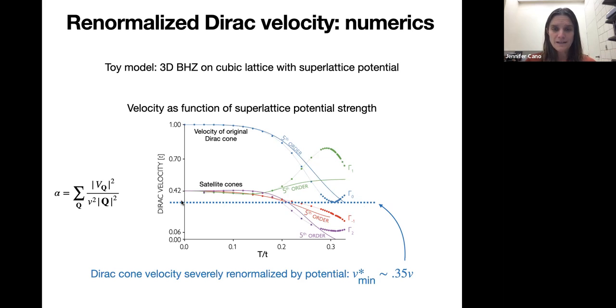The new Dirac cone velocity at its minimum is roughly 1/3 of the original velocity. So the takeaway message here is that we can use this superlattice potential to severely modify the original Dirac cone velocity, but there is no magic angle, and it doesn't seem like we can even get arbitrarily close to zero.